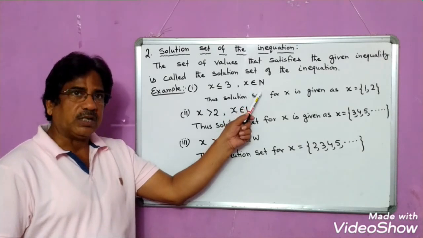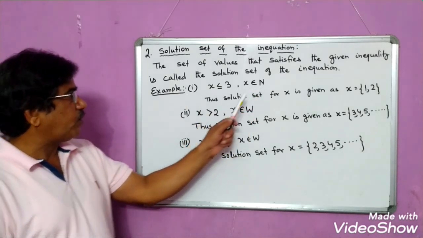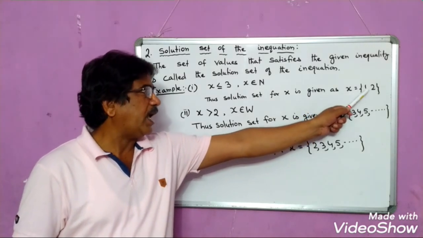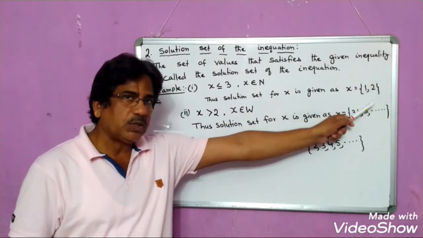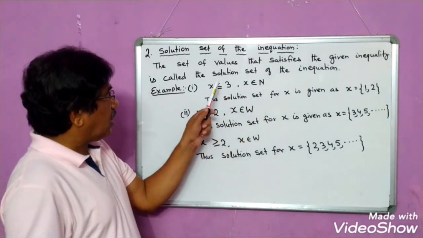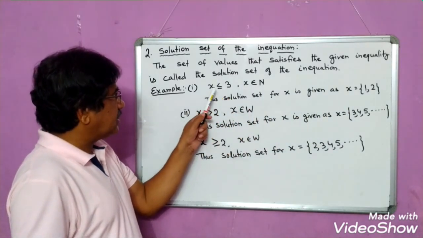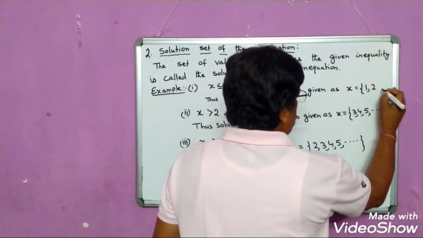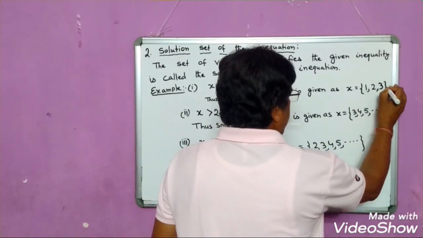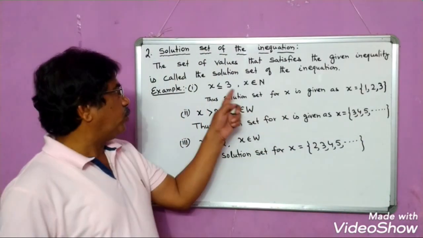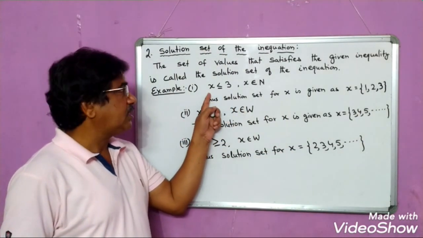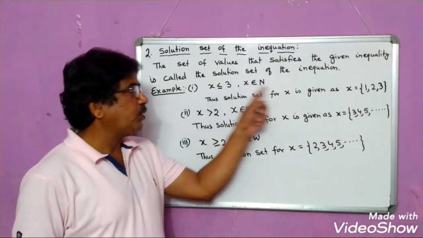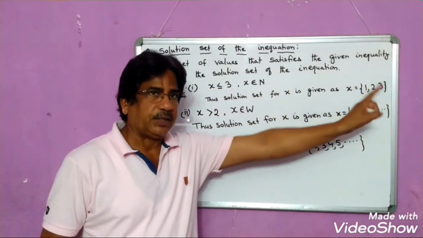The solution set is 1, 2 and 3, because these are the natural numbers less than or equal to 3. We include 3 because the condition says x must be either less than 3 or equal to 3.